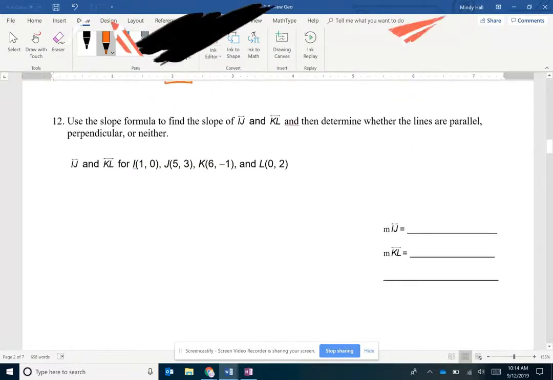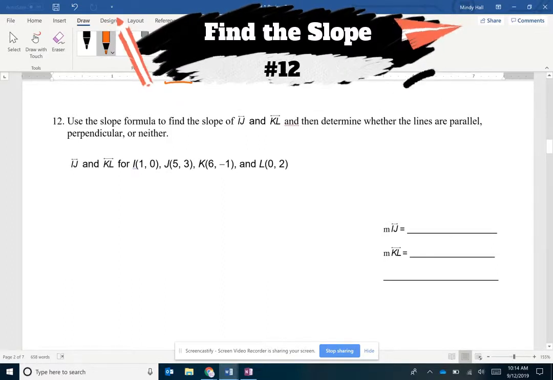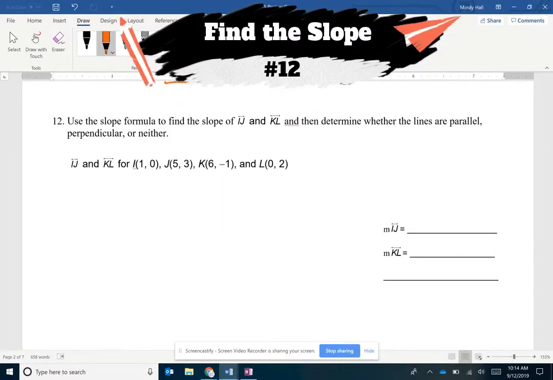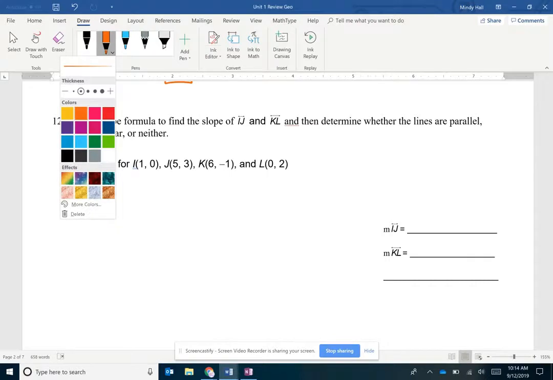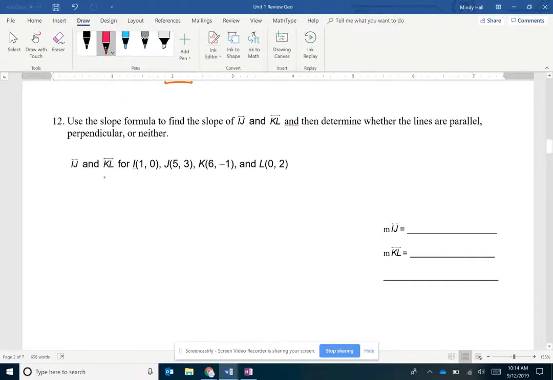For 12, we need to use the slope formula to find the slope of IJ and KL, and then determine if the lines are parallel or perpendicular. The slope formula is y2 minus y1 divided by x2 minus x1. By the way, as you're doing your review, you should have your formula sheet next to you because you will be able to have that on the test as well.